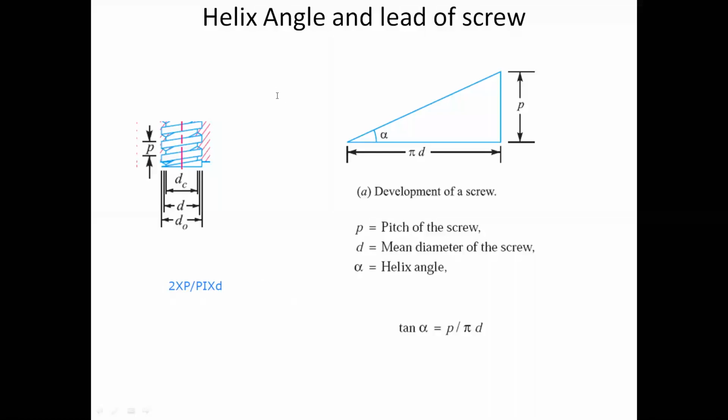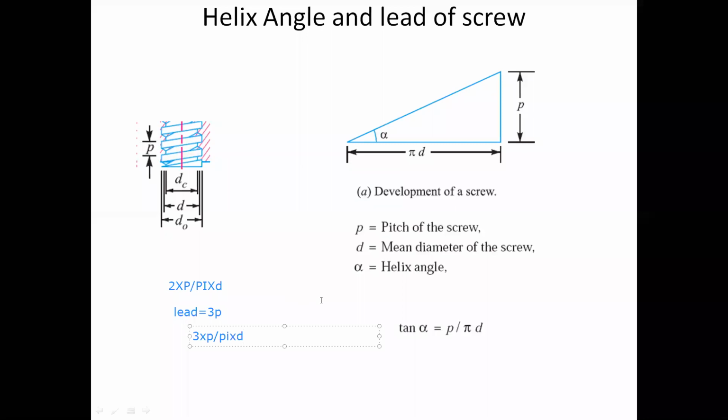We can write the same thing for the triple start. In triple start, the lead equals 3 times p. Okay, the lead is 3 times p. In that we can write the same equation like this. So it becomes 3 multiplied by p divided by pi into d. So this is the equation when there is a triple start.